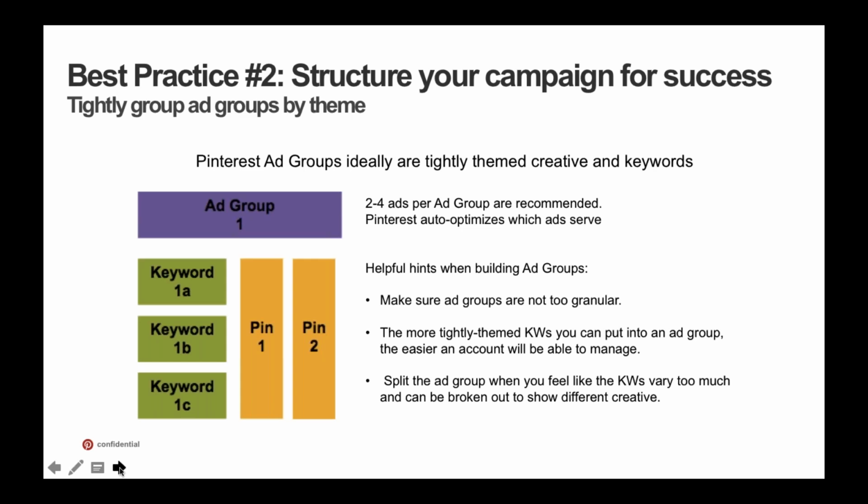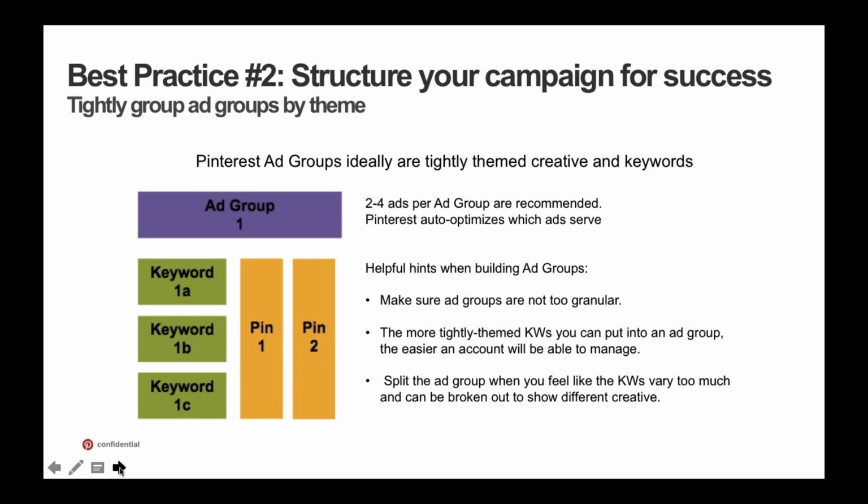We recommend no more than 4 pins because at this time, we don't have the ability to evenly rotate the pins within the ad groups, which means that we tend to auto-optimize pins very quickly. So if you're putting 10 pins into one ad group, we might start to auto-optimize the pins after 4 or 5 pins have served based on early data, and really quickly try to serve the one that has the best performance more frequently.